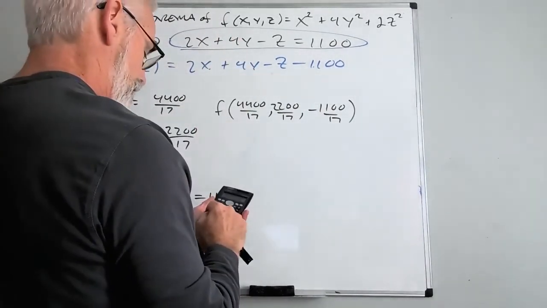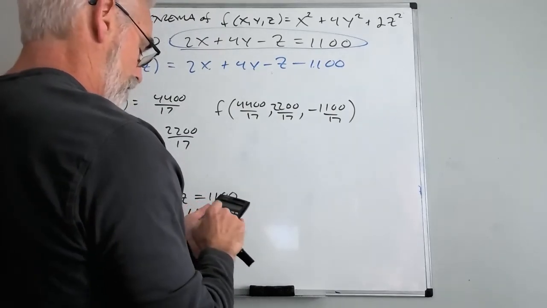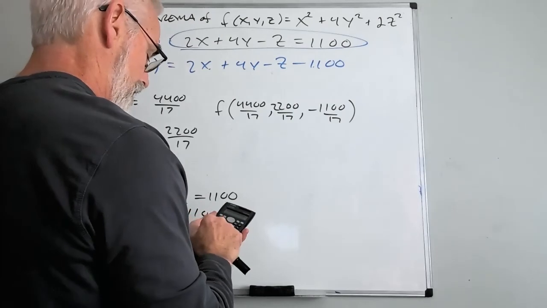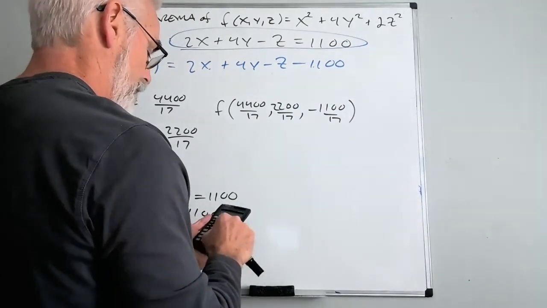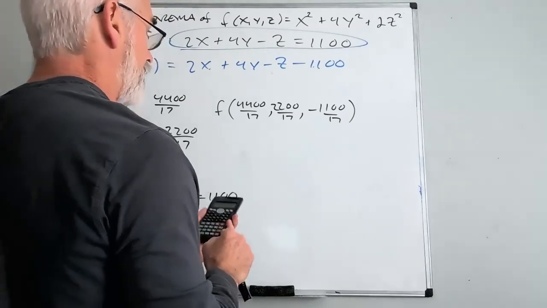Okay, so 4400 squared plus 4 times 2200 squared plus 2 times 1100 squared. Oops, no, 1100 squared. Let's see, that comes out. Okay, good.